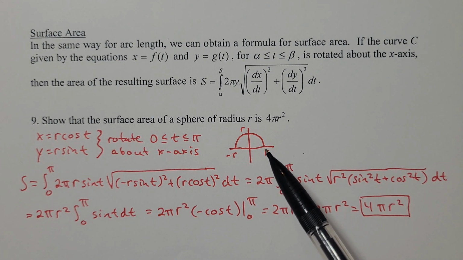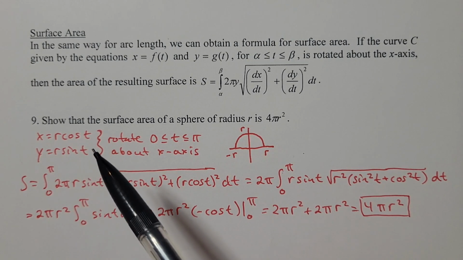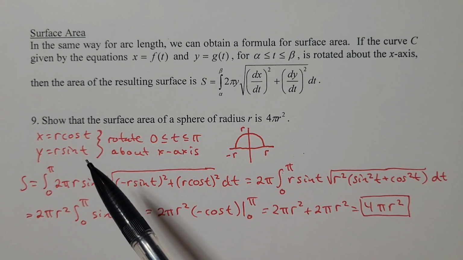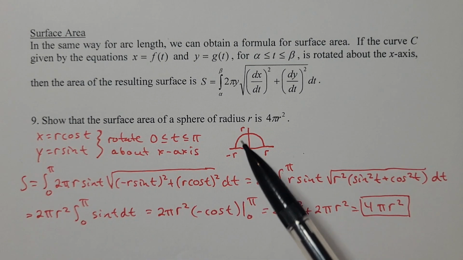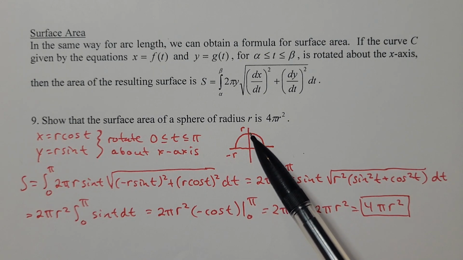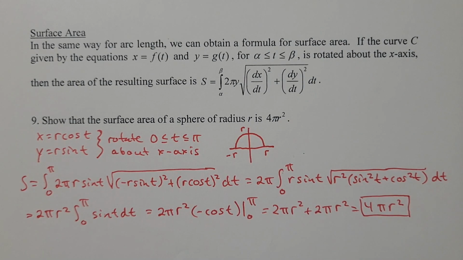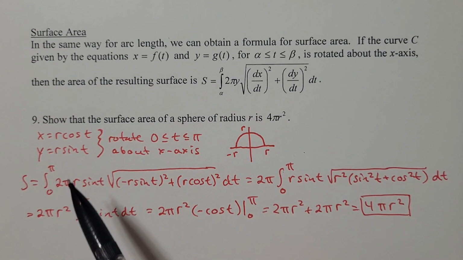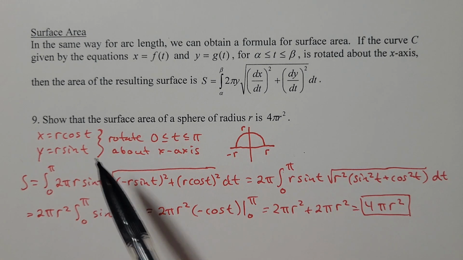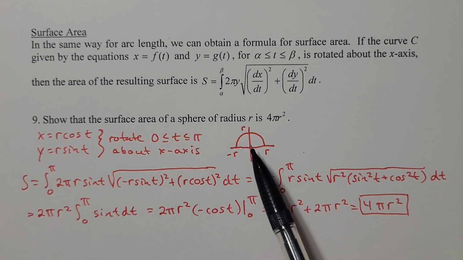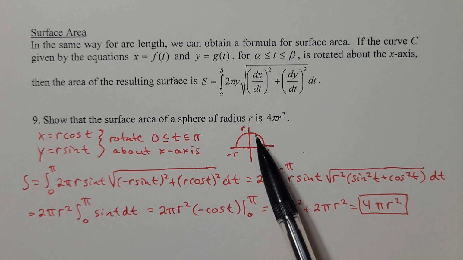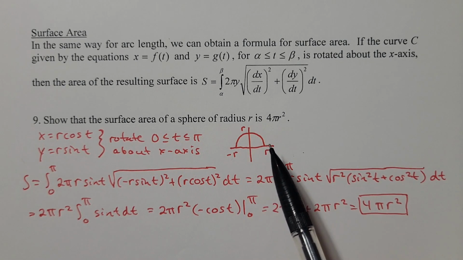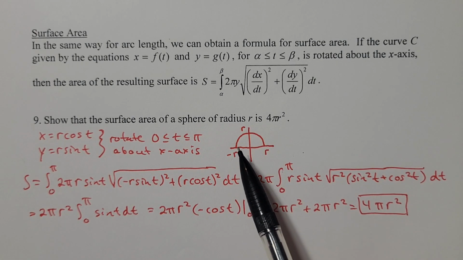Then if t is pi over 2, cosine pi over 2 is 0 and sine pi over 2 is 1, so you have r, right there next. And then if t is pi, cosine pi is -1, so you have negative r for the x value, and sine pi is 0. So that'd be ending here. So I would have traced out this half circle going right to left.